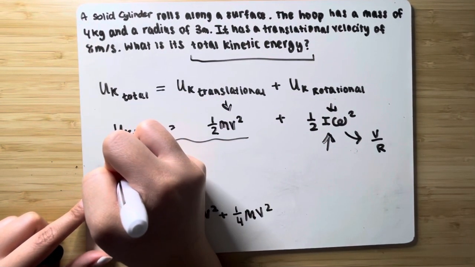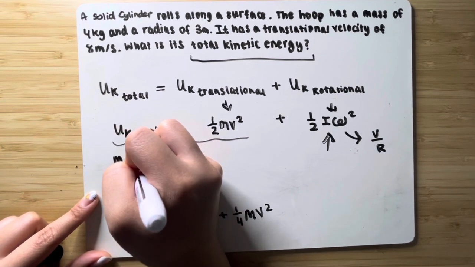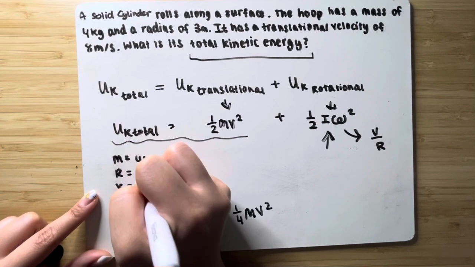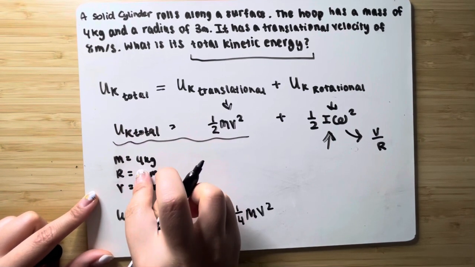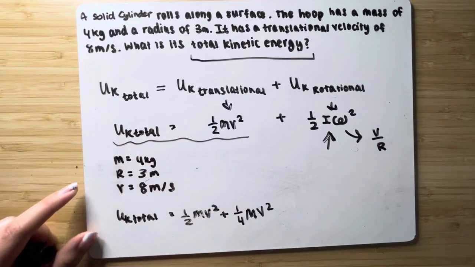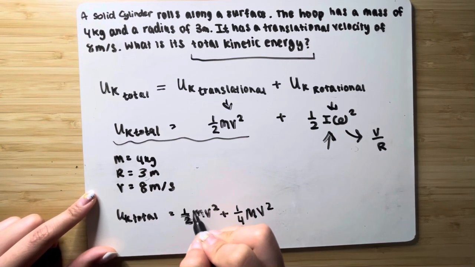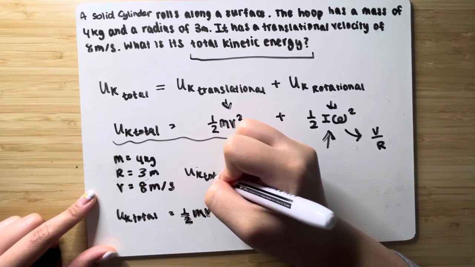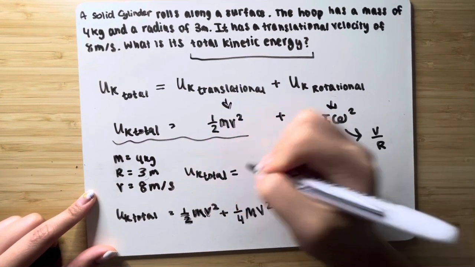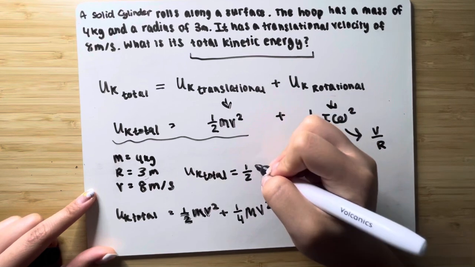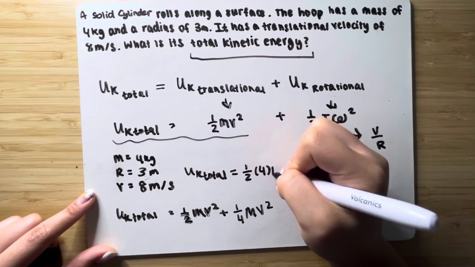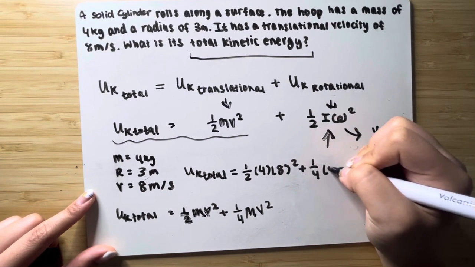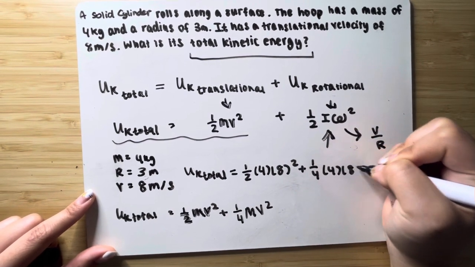Radius is equal to 3 meters. And translational velocity is equal to 8 meters per second. Plug and chug. You get KE total equaling 1/2 mass, which is 4, times velocity, which is 8 squared, plus 1/4 mass, which is 4, times velocity, which is 8 squared.